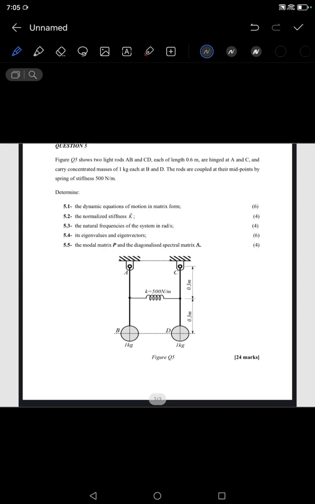Now as you can see, we are given this figure. We have point A to B and point C to D, with masses of 1 kg and 1 kg at B and D. Today we're gonna start with the Newton's second law method.